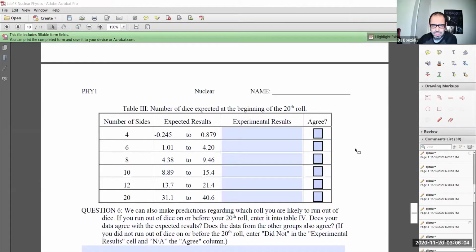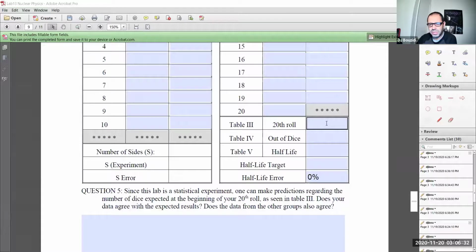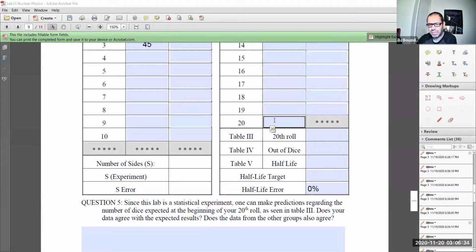Table 3 says for a die of 4 faces, once you roll the 20th roll, you're going to get a number between negative 0.245 and 0.87. So this number should be 0. Do you guys understand? Maybe a 1 at best, because this is not going to give you negative numbers.